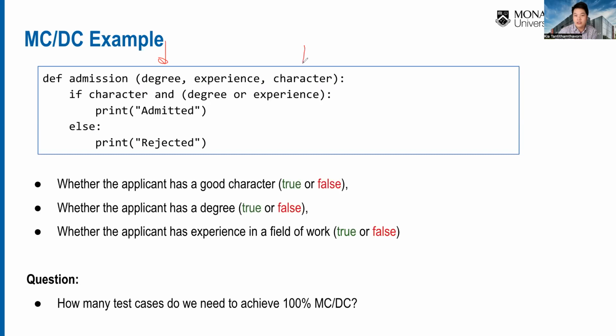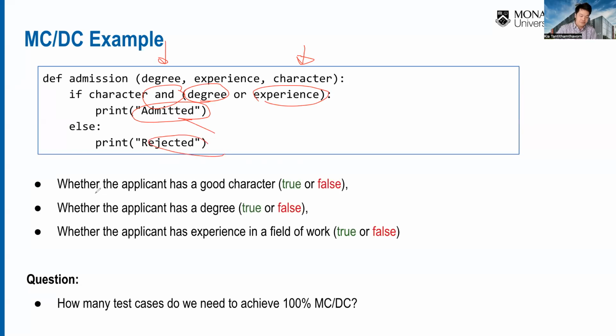They should be well behaved and have a good character, and they should have either high degrees or high experience. Then that student will get admitted, otherwise the application will be rejected.